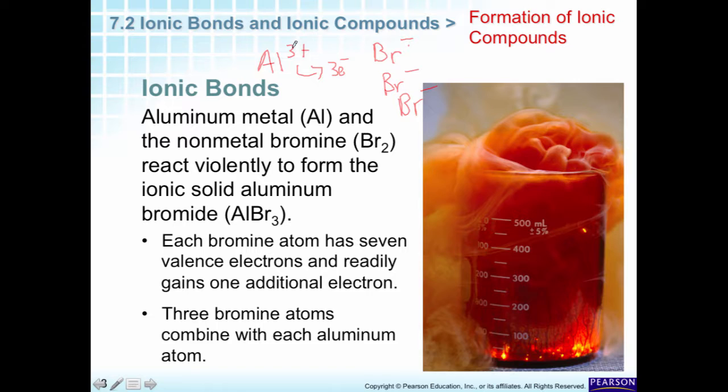When aluminum loses the 3 electrons, it gives 1 to each bromine, because each bromine only needs 1 to become bromide. That's why it's going to be AlBr3. And that's how we can determine what the formula will be for each of these.